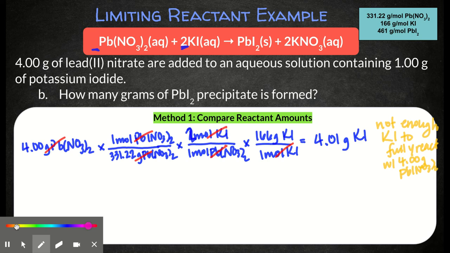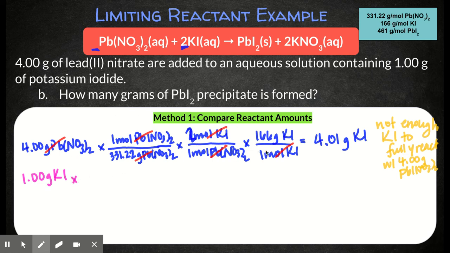Let's start with our 1 gram of potassium iodide, and then we'll figure out how many grams of lead-2 iodide I can actually form. So let's instead ask the question, what if I have 1 gram of potassium iodide, and I want to know how many grams of lead-2 nitrate are necessary to react with all of this 1 gram of potassium iodide. So I'm basically going to do the opposite stoichiometry calculation.